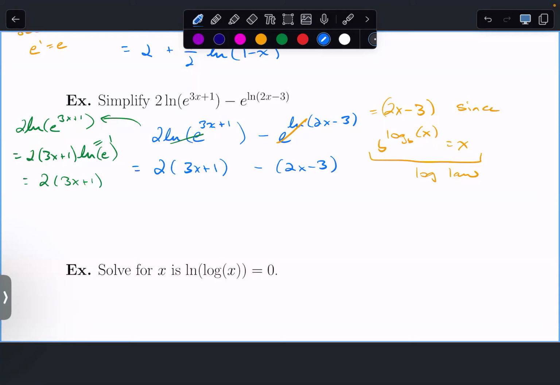I can simplify this, right? 2 times 3x plus 1 puts me at 6x plus 2 minus 2x plus 3, bringing that negative inside. Collect like terms. 6x minus 2x is 4x, plus 2 plus 3 puts me at plus 5. And that's it. That's all I can do.